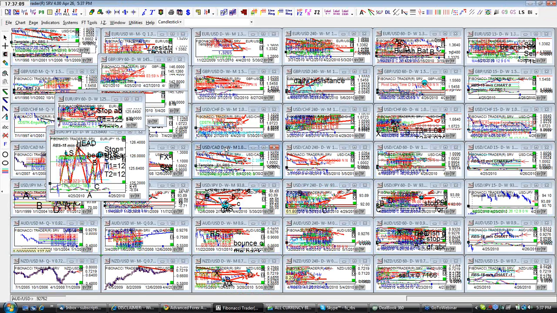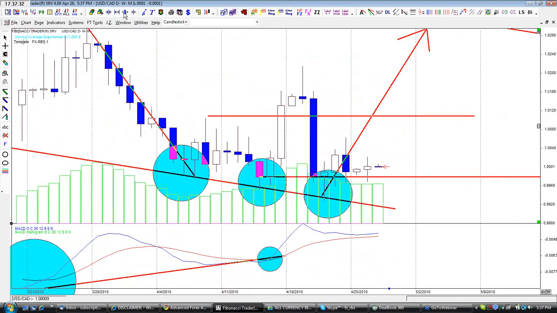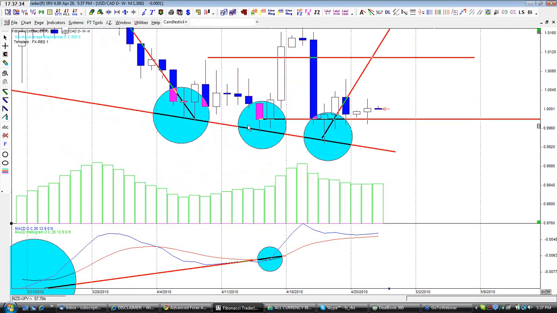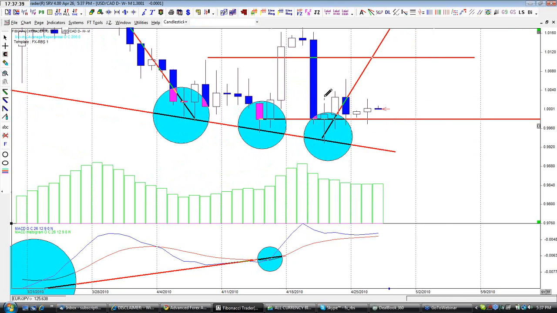And again, remember, if you can find a pattern at the bottom, this is your highest chance of success, because even if price bounces and it doesn't move much, now look, this is a daily candle.